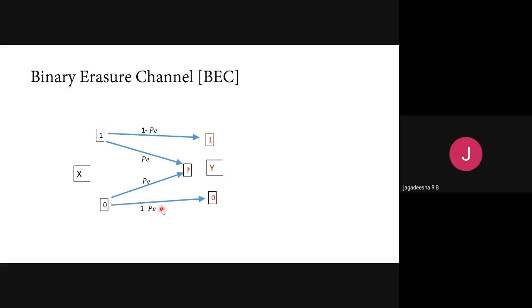These numbers are just examples, but this is not the entire characteristic of the binary erasure channel. So if it is received properly, for example, 1 was transmitted and you receive 1, or 0 was transmitted and you receive 0, that's fine.